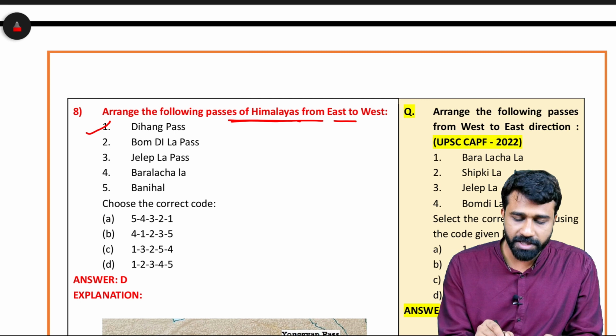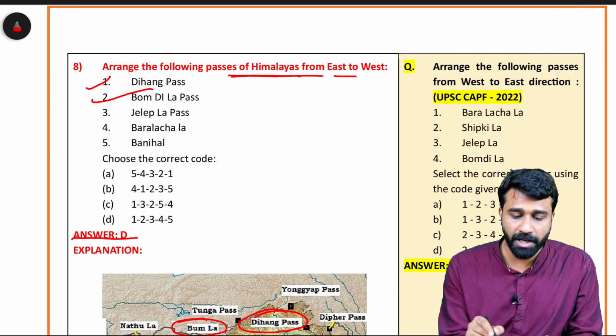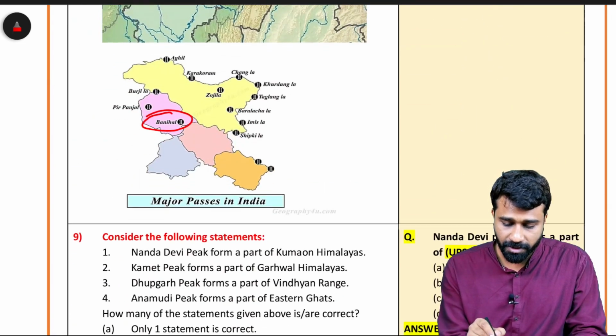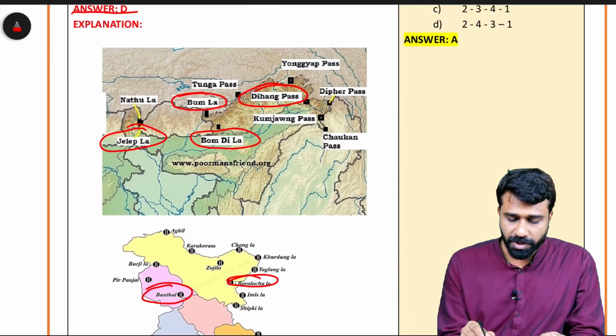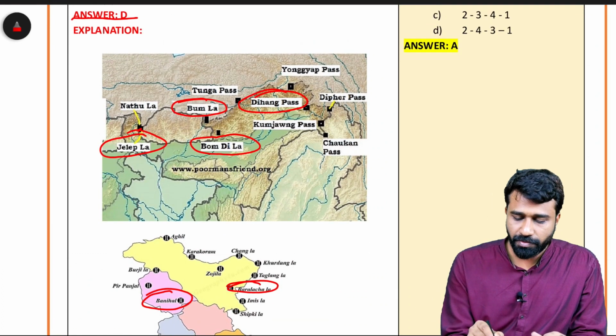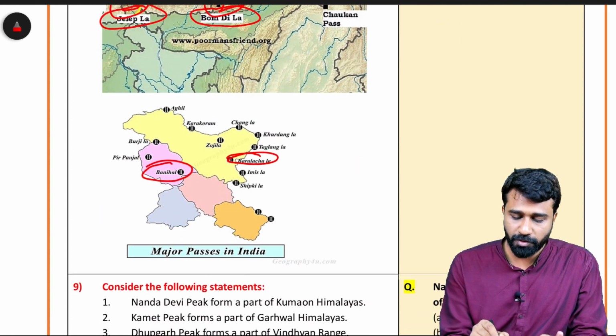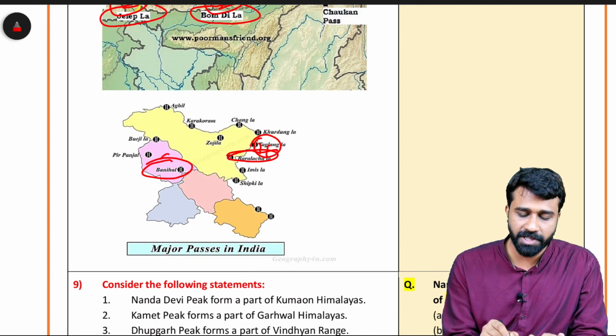So before coming to Kashmir, you end with Jelepla Pass from Dihang Pass. First is Dihang Pass, next Bomdila Pass, third is Jelepla Pass, fourth is Baralacha Pass, and fifth is Banihal Pass.